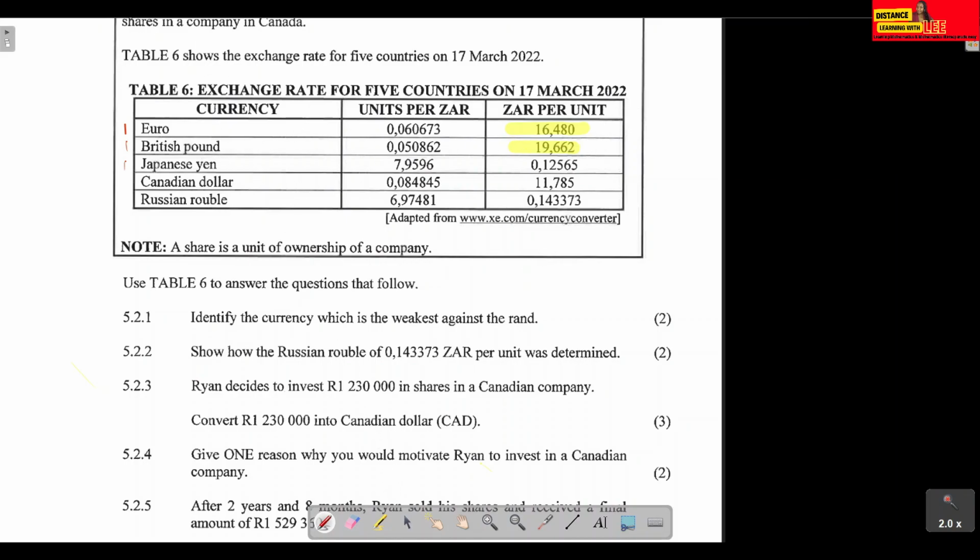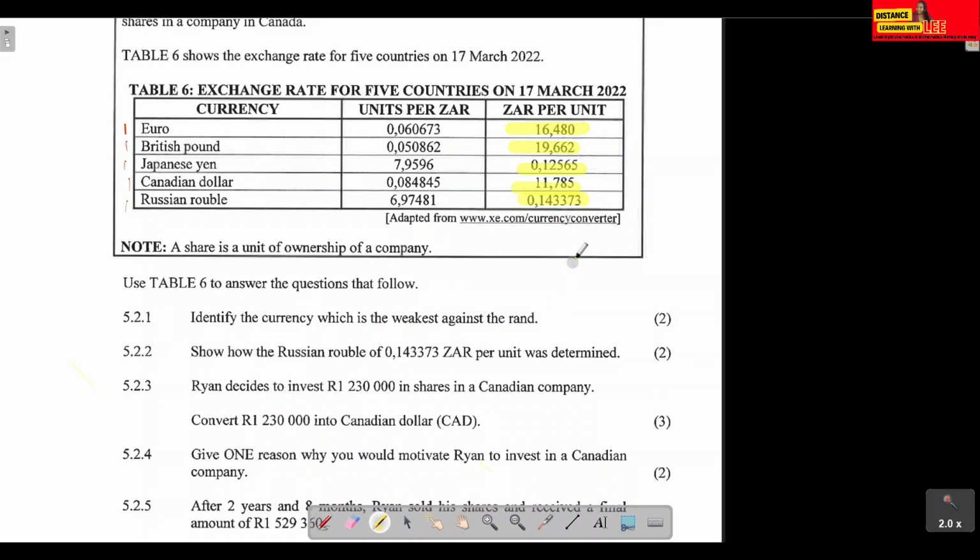You need 0.12565. For 1 Canadian dollar, you need 11 rand and 785 cents. And for 1 Russian ruble, you need 0.143373. So that is basically what is meant here.